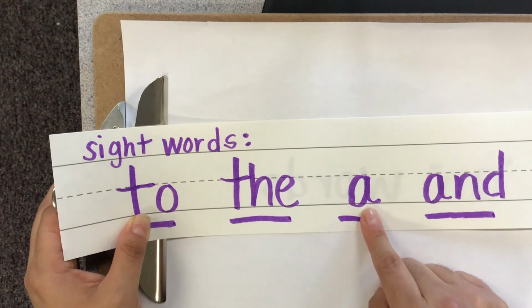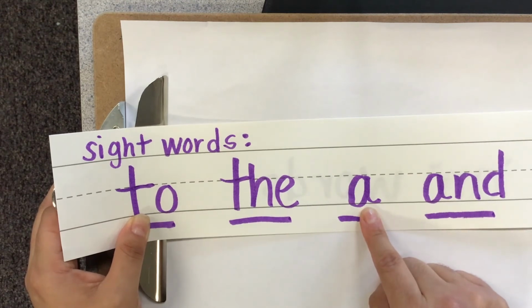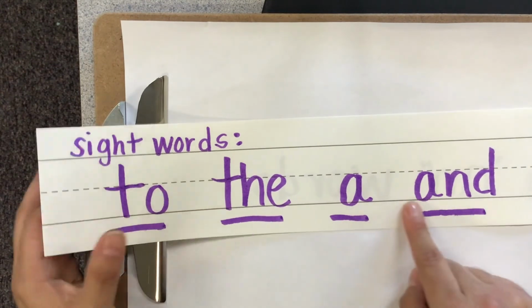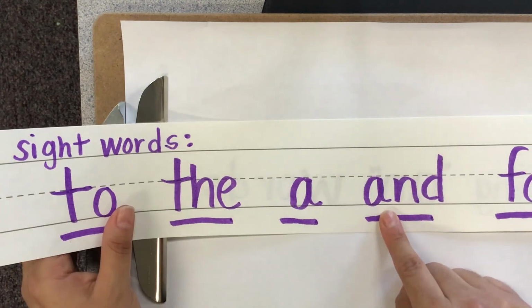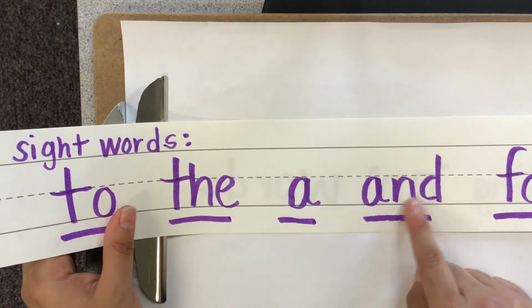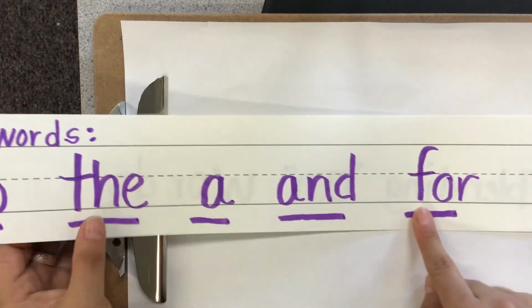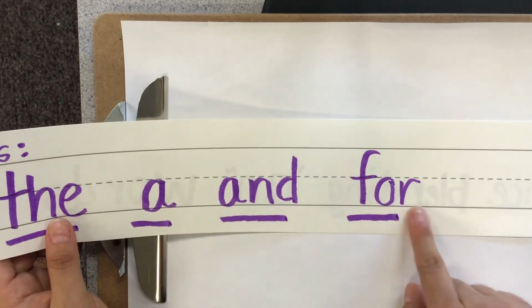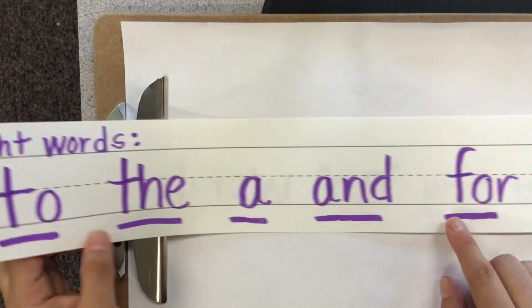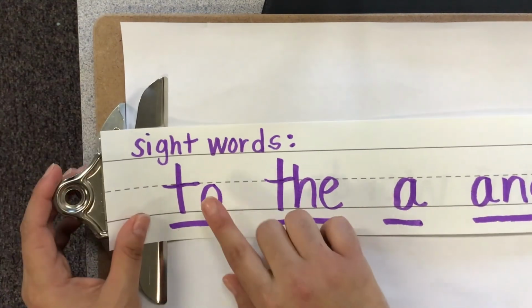So when you see the word A by itself, it's going to be a word and you're going to pronounce it A. Can you say A? And, let's spell it, A-N-D. And. For. F-O-R. For. Good job.